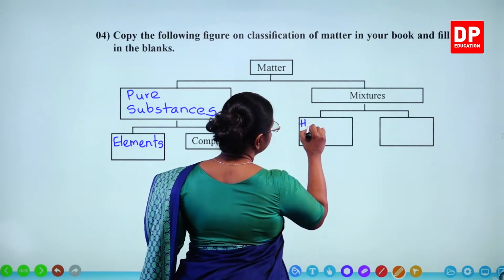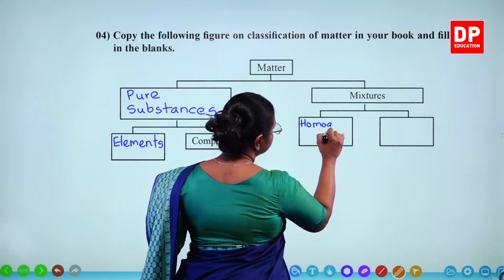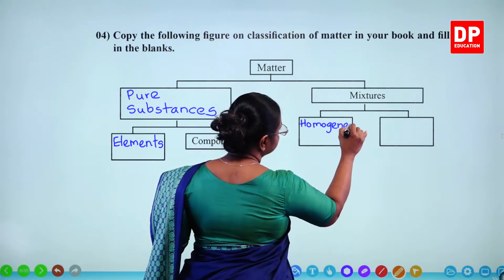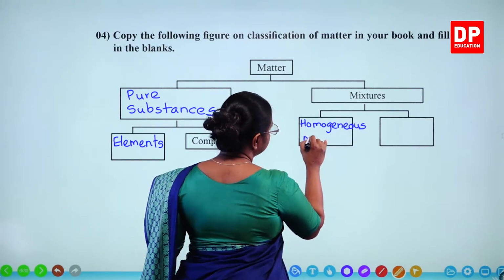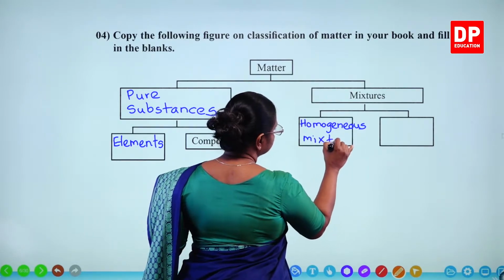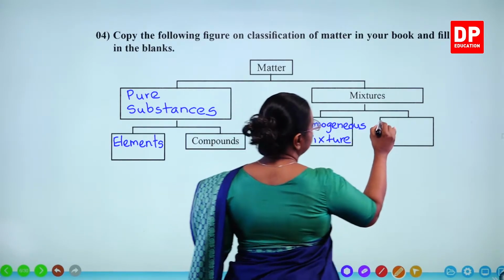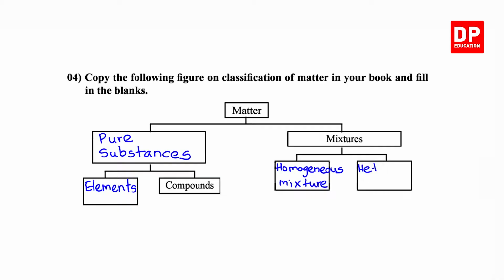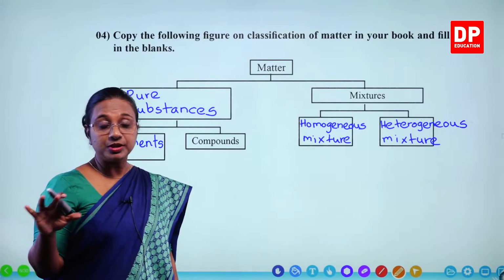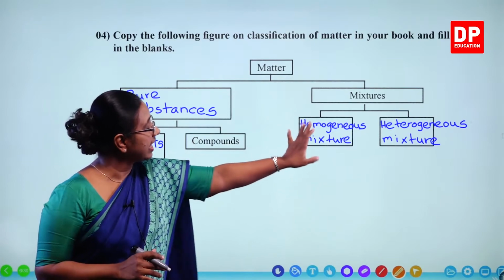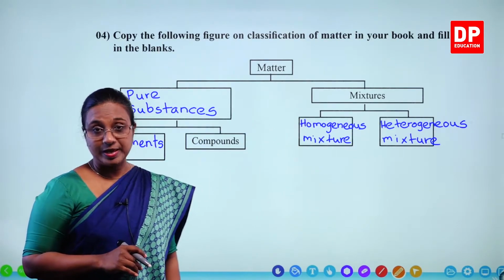So, we have the homogeneous mixture and heterogeneous mixture. So, students, when you are copying this table in your book and when you fill in, you can nicely write it within the space given to you.